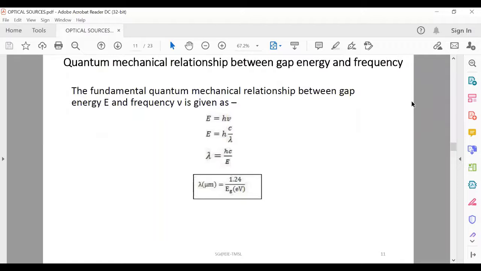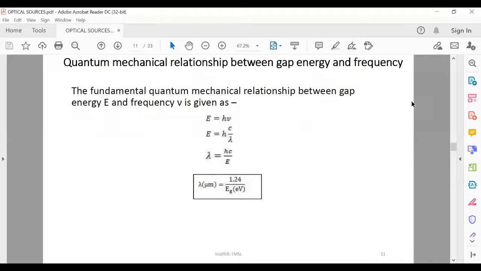But in the case of indirect band gap semiconductors, the maximum and minimum energies occur at different values of the crystal momentum, and the recombination in an indirect band gap semiconductor is quite slow compared to direct band gap semiconductors.